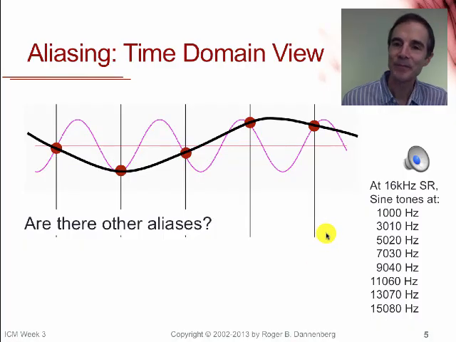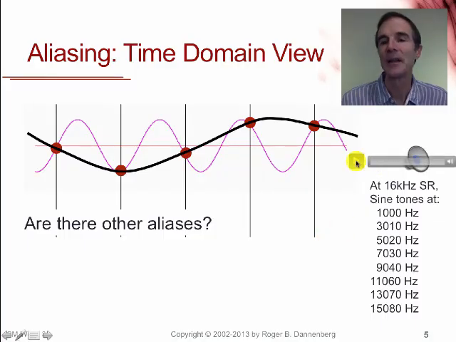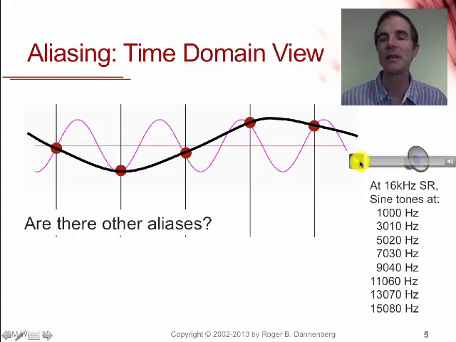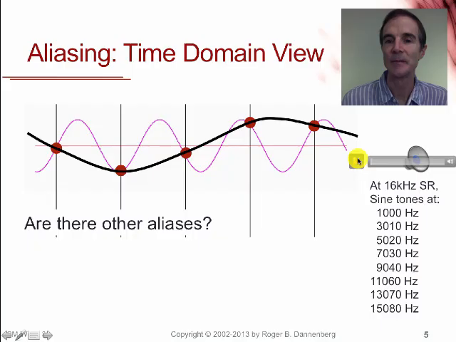Meanwhile, I have a little demonstration over here that illustrates aliasing actually happening. These are sine tones sampled at 16 kilohertz sample rate, and the frequencies are basically 1K, 3K, 5K, 7K, 9K, 11, 13, and 15. Okay, so let's play them and listen to what we hear.